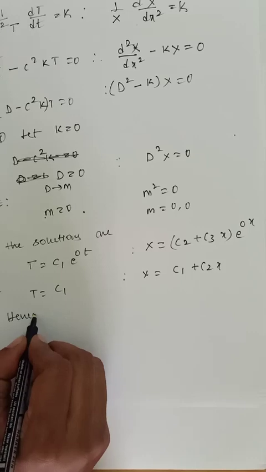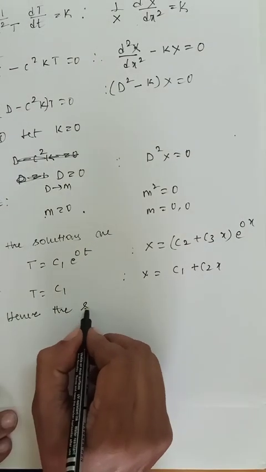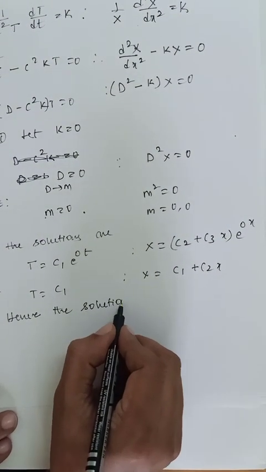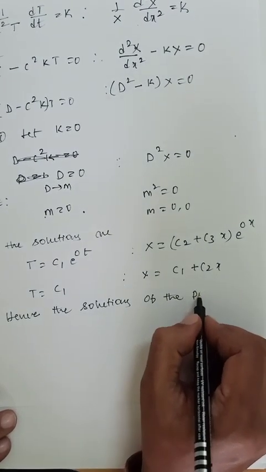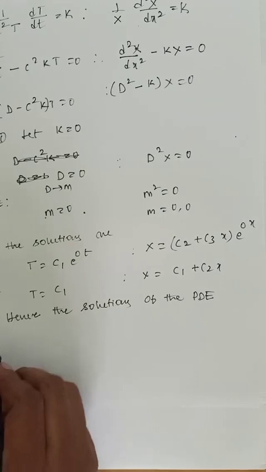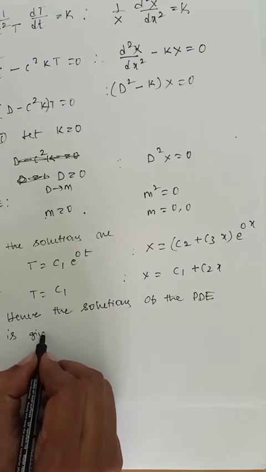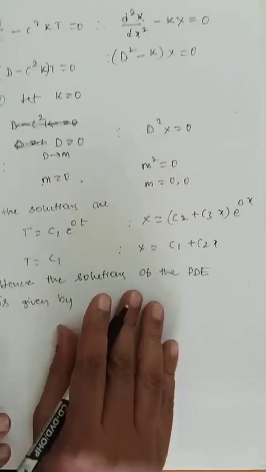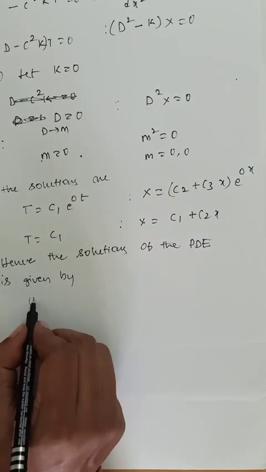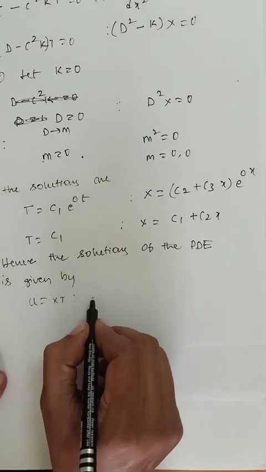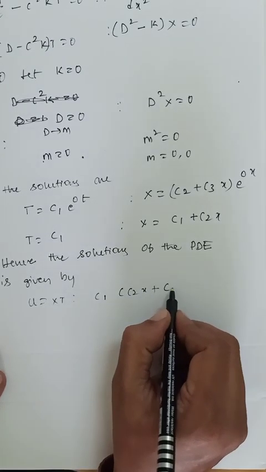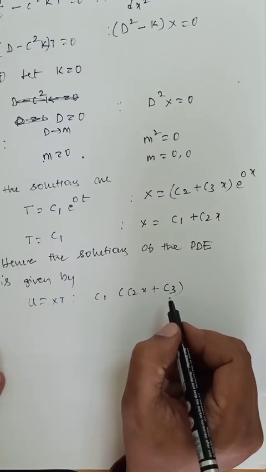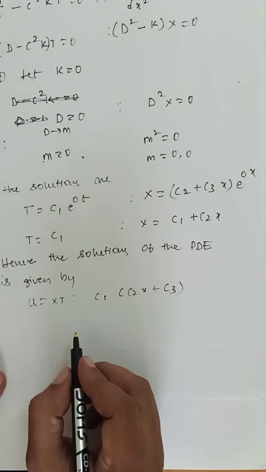Hence the solution of the PDE is given by u = XT, meaning c1 (c2 + c3 x), or c2 plus c3 x, no problem.